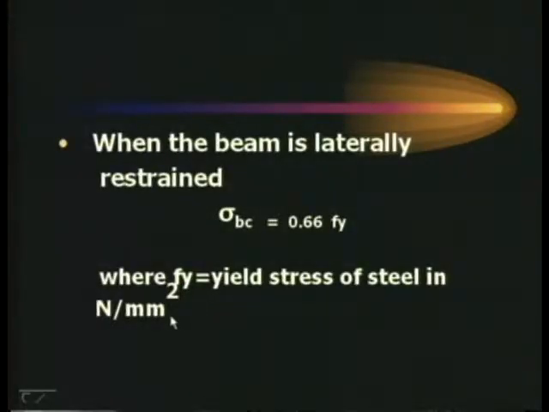In case you are using steel of any other grade, you have to take the yield stress of the corresponding grade. So here, sigma BC is equal to 0.66 into 250, that comes to 165 newtons per mm square, which is already given in the problem itself.